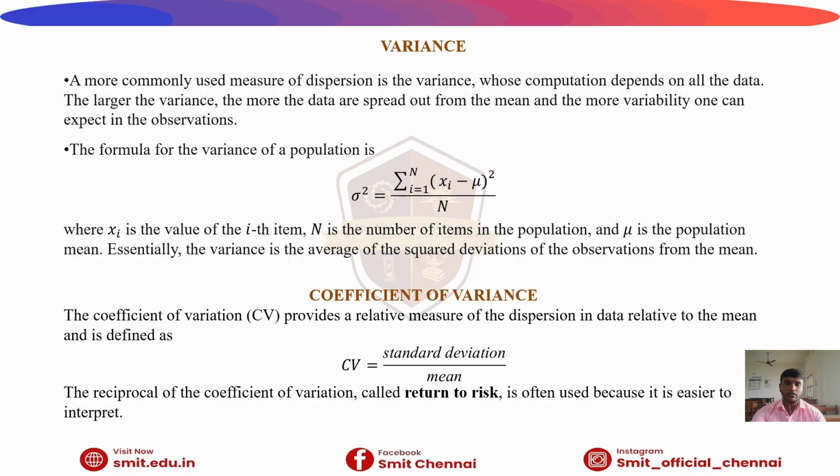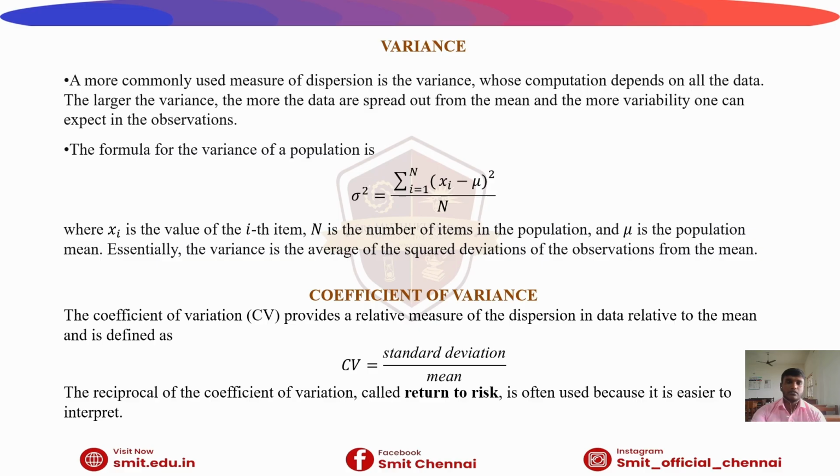The formula has been given, where x i is the value of the i-th item, n is the number of items in the population, and mu is the population mean. Essentially, the variance is the average of the squared deviations of the observations from the mean.